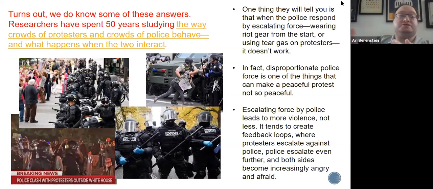And then there are also moments we've seen very clearly where protesters aren't doing anything, and the police rush and try to either hit or push back, and then that leads to even worse consequences.